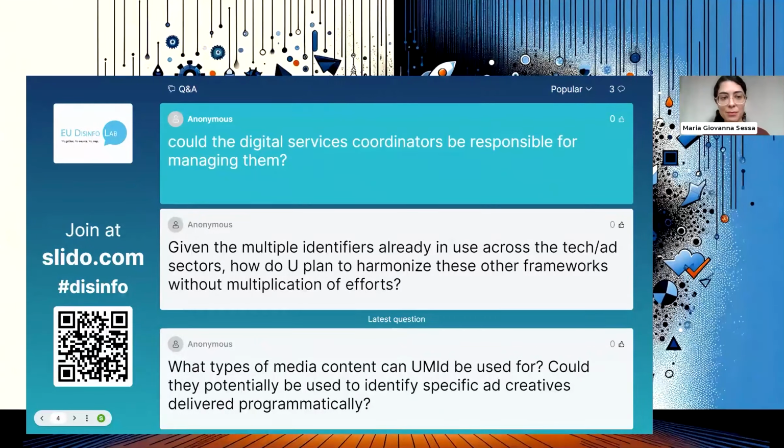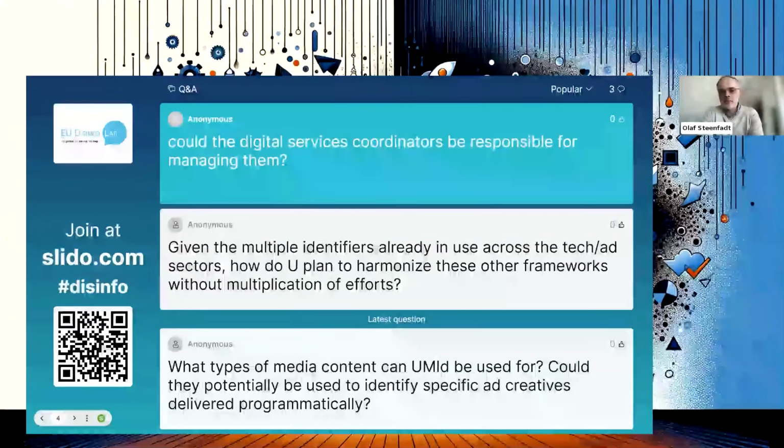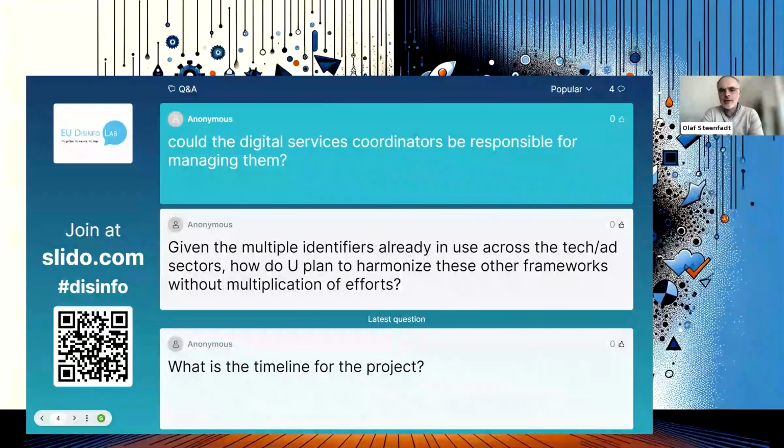Yes, why not? Thinking about this, initially I would see them more at this point as a use case. Most probably this would make their lives a lot easier as well. When it comes to governance, I'm not exactly sure if this is meant by managing them. It will most probably be a mixed public-private way of running and operating this.